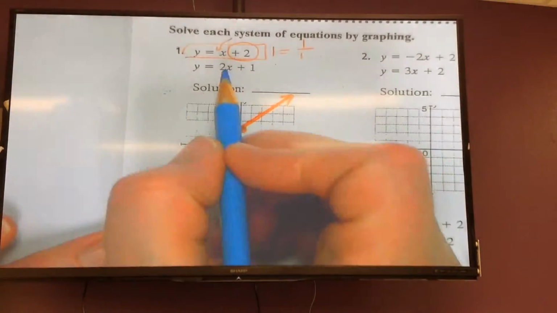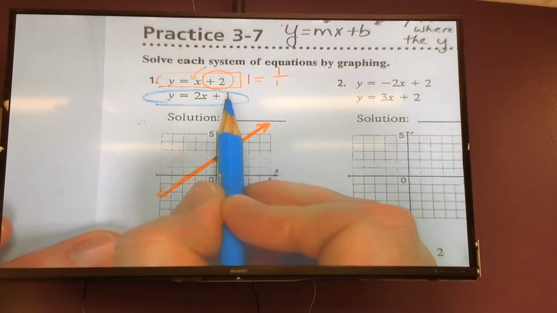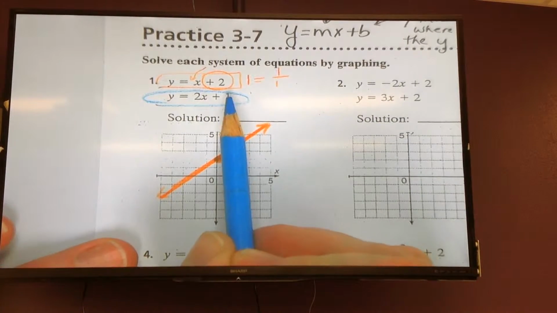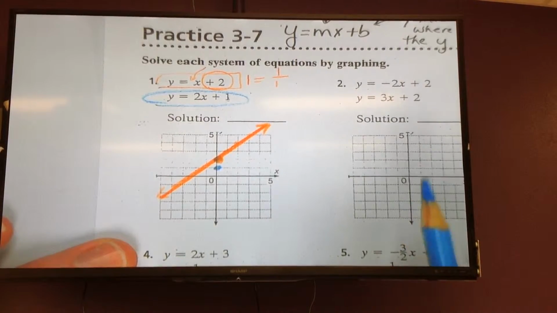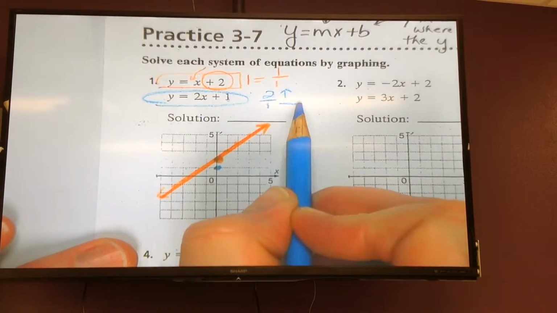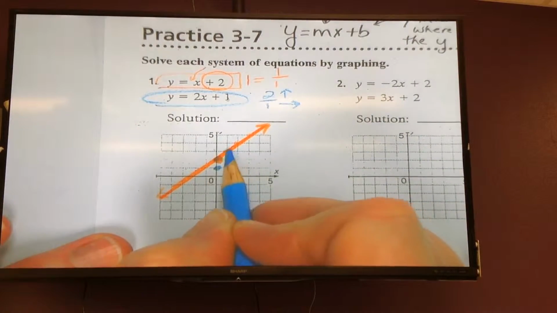And then I'm going to graph this equation also using the same method. The y-intercept, where the line crosses the y-axis, is at 1, so that would be where one of my first dots is. And then my slope is 2 over 1, which means I'm going to rise up 2 and run 1. So I will go up 2, run 1.